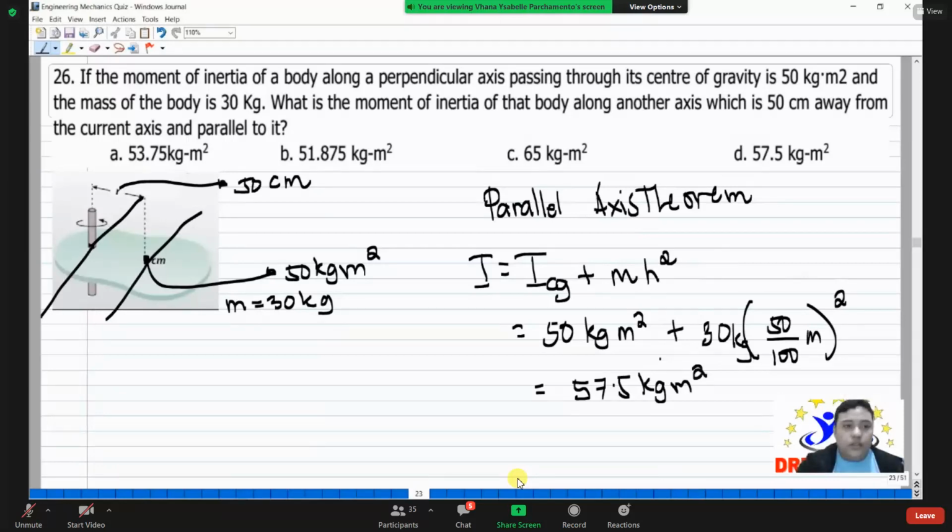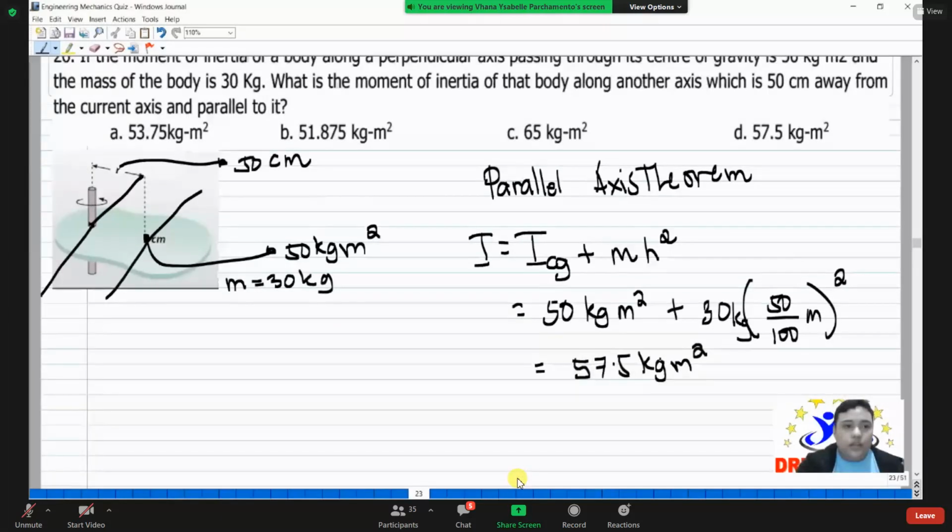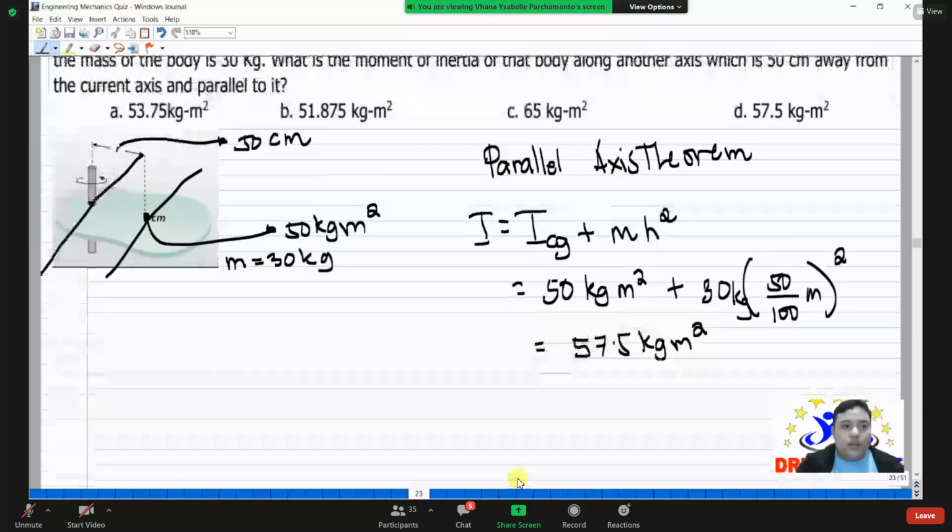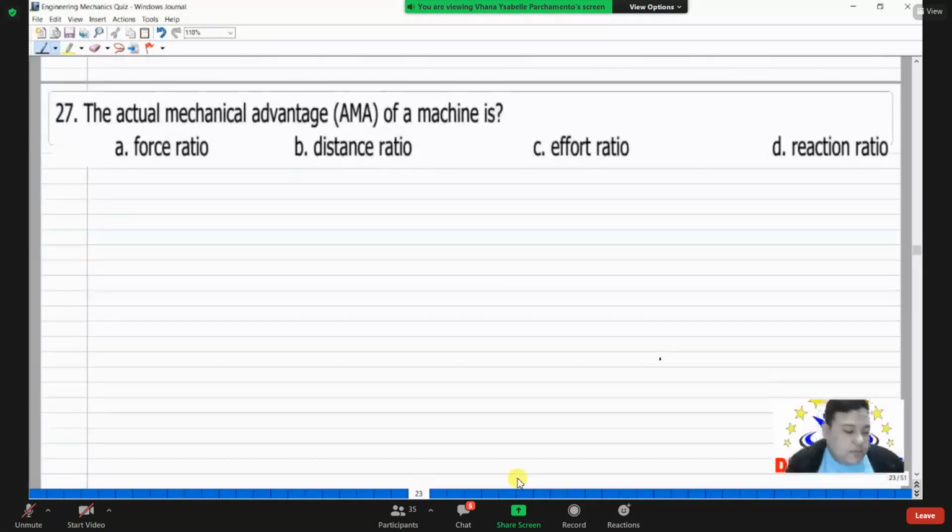Number 27. The actual mechanical advantage of the machine. This is under simple machines. AMA is equal to what?